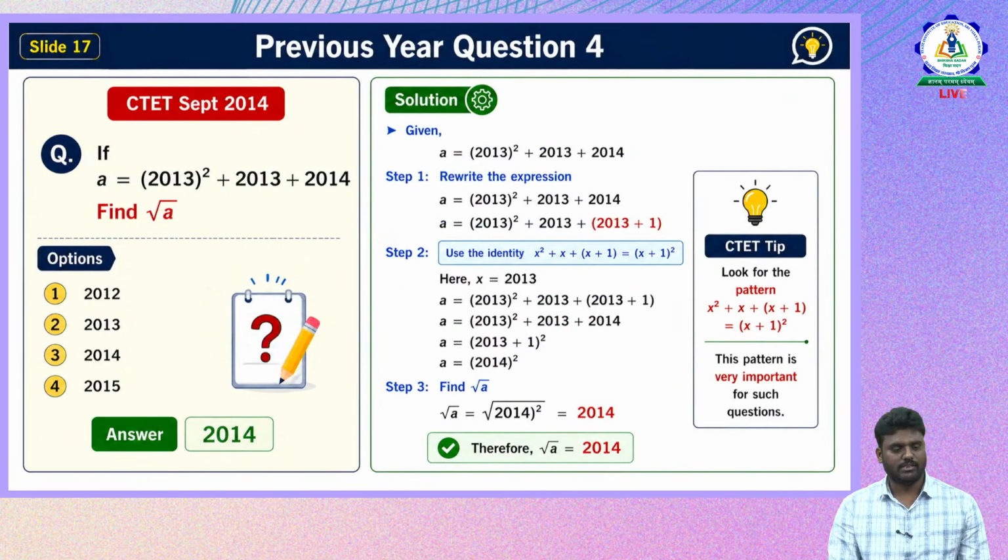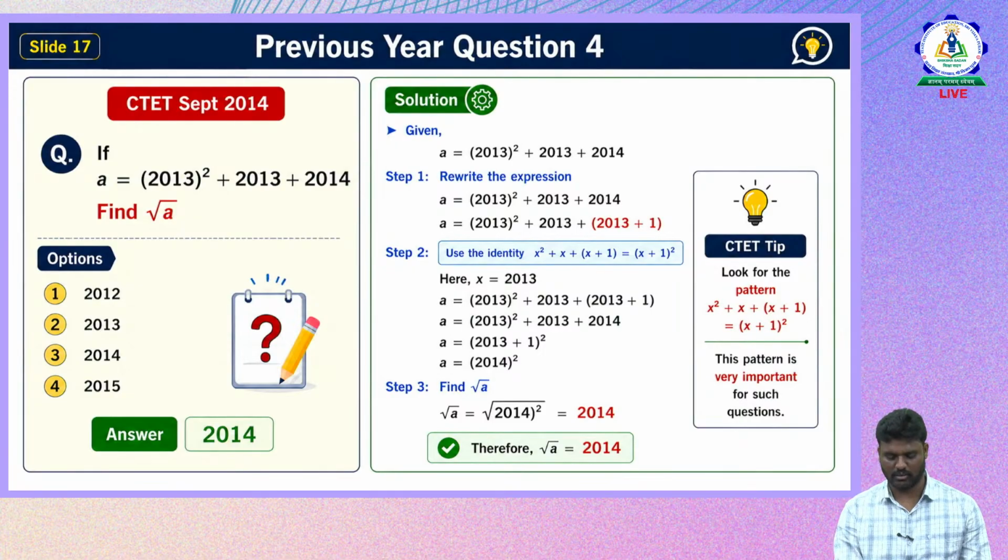The next question is, if a is equal to 2013 squared plus 2013 plus 2014, find the root of a. The options given are 2012 for option 1, option 2 is 2013, option 3 is 2014, option 4 is 2015. So we have to see which is the root a value.